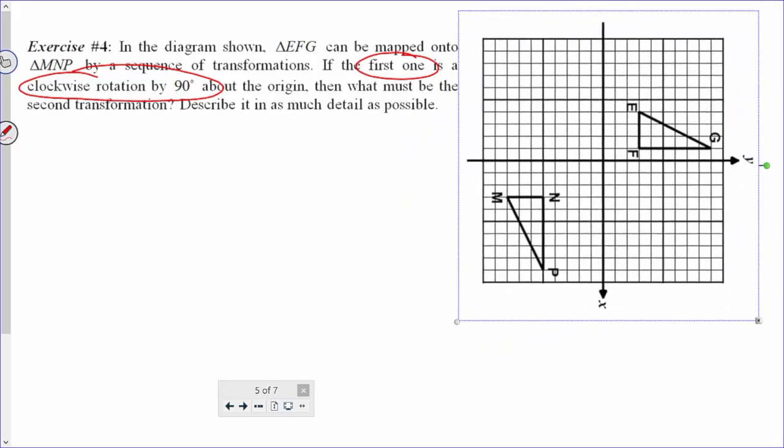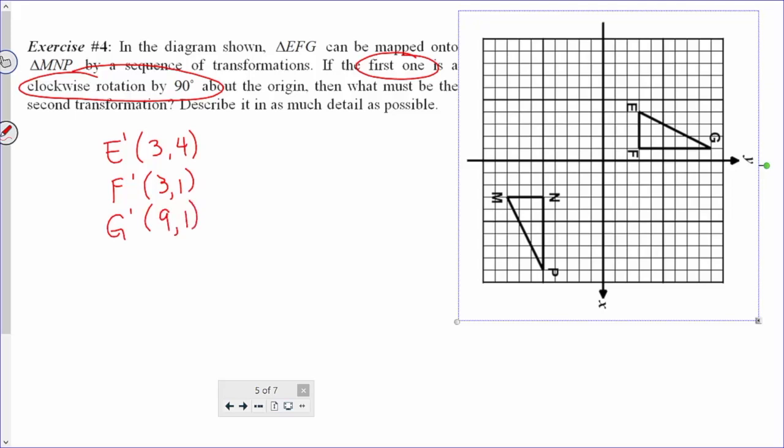And what that tells me is that if I use the standard notation, E prime will end up being at 3, 4, right? F prime will be at 3, 1, and G prime will be at 9, 1.